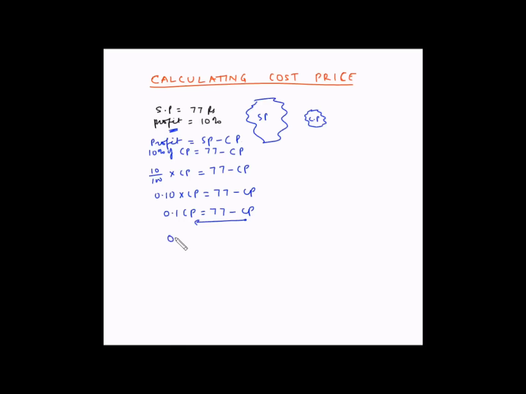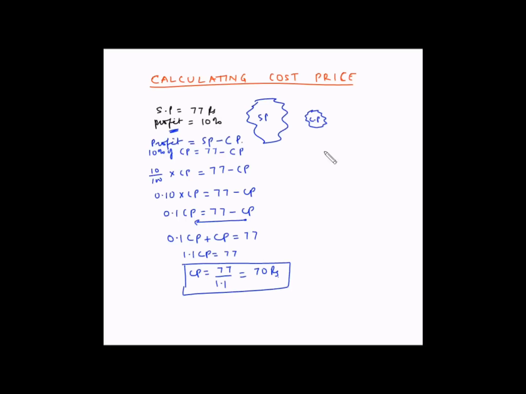So we'll get 0.1 cost price plus cost price is equal to 77, or 1.1 CP is equal to 77, or CP is equal to 77 divided by 1.1, which is equal to 70 rupees. So this is our cost price.